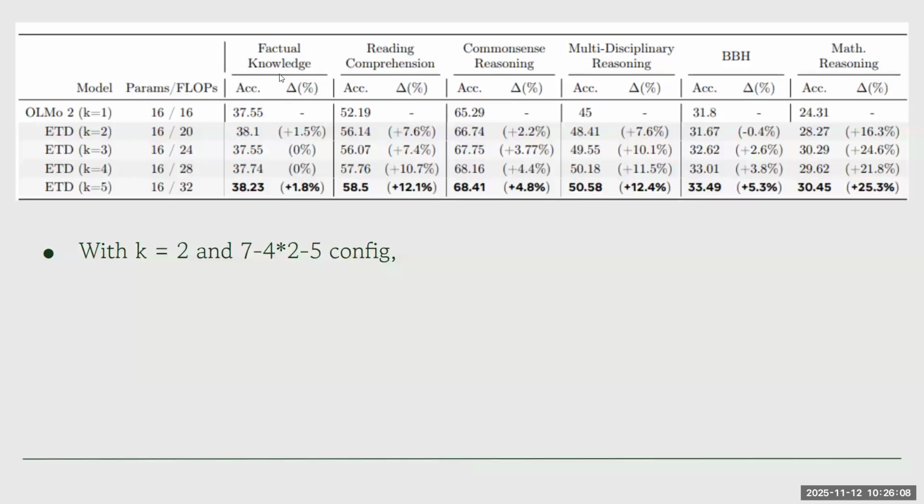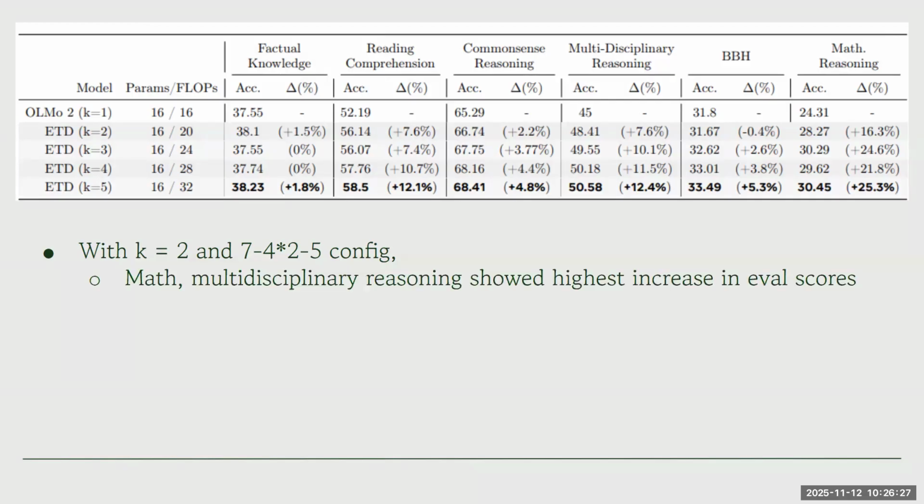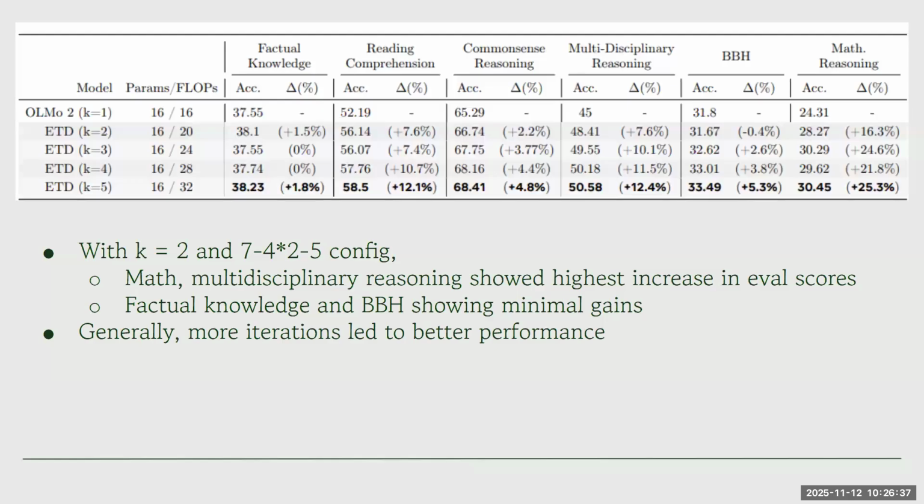The authors are trying to confirm the point that this recursive latent reasoning is more effective for reasoning tasks, not tasks that require recall of facts. So math and multidisciplinary reasoning show the highest increase in scores. Factual knowledge and Big Bench Hard showed minimal gains in performance.